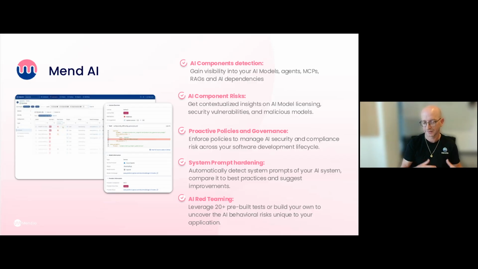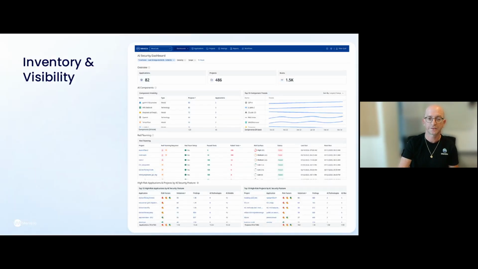Each group of tests includes many tests, and this red teaming dynamically interacts with the AI system in order to see whether or not it is vulnerable to specific attacks. And of course, you can configure it for your specific business needs, create your own tests, and so on. So this is, at a very, very high level, what Mend AI is designed to address.